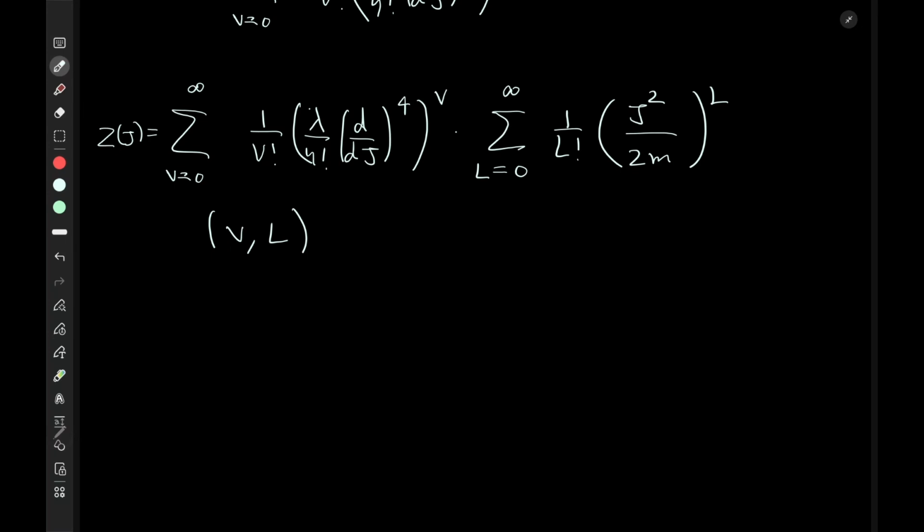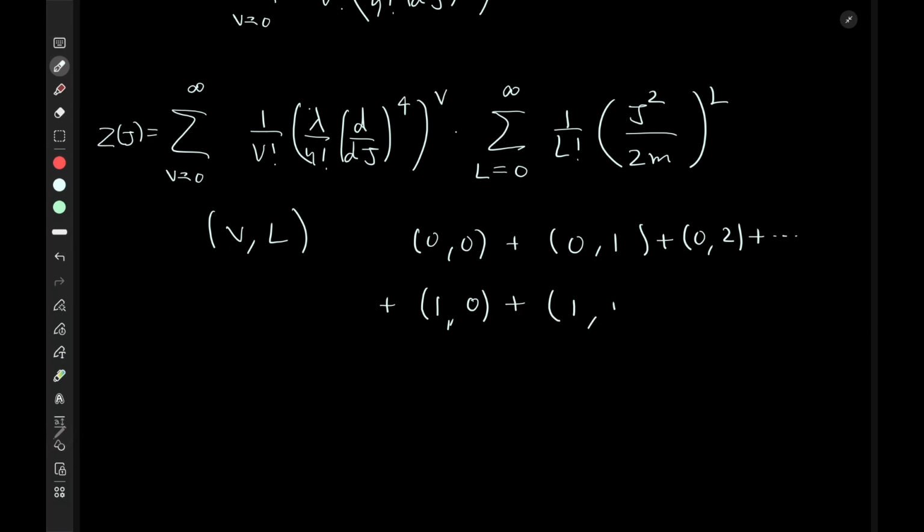So there will be terms corresponding to when v is 0, L is 0, then there will be a term when v is 0, L is 1, then there is a term when v is 0, L is 2, and so on. Similarly, then there will be a term with v being 1, L being 0, v being 1, L being 1, and so on. And I think you get the point.